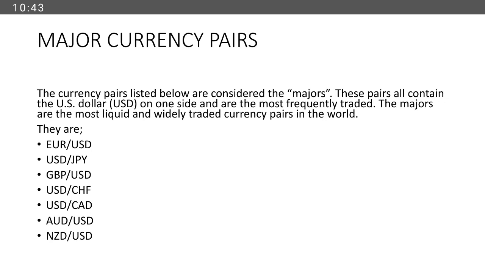These pairs all contain the US dollar on one side and are the most frequently traded. The majors are the most liquid and widely traded currency pairs in the world. That's why they are the major pairs, because they are traded all over the world. They are the most liquid. They are the most widely traded.